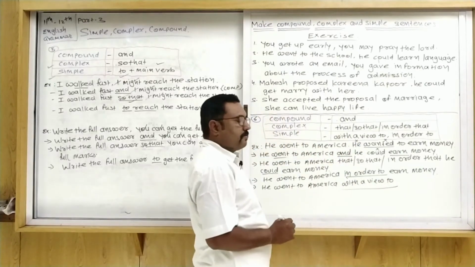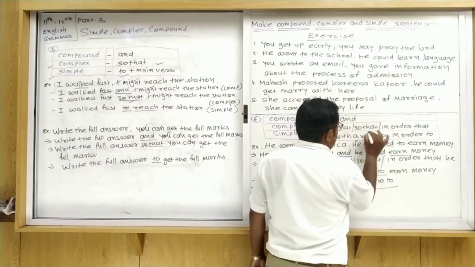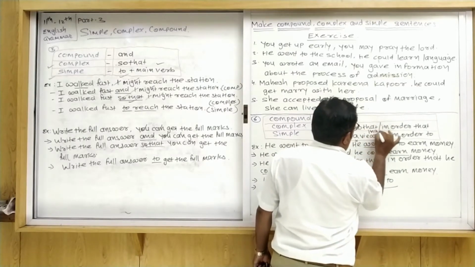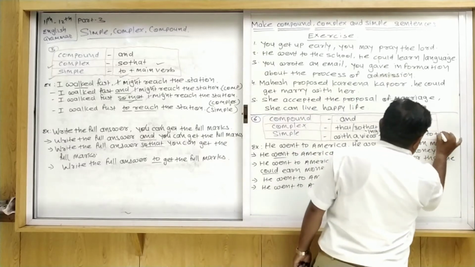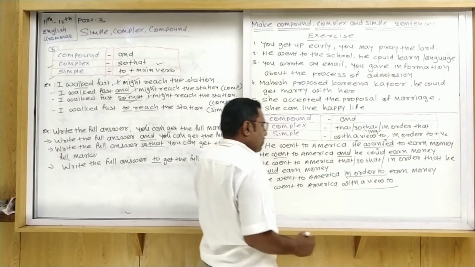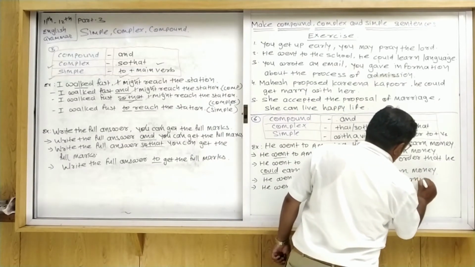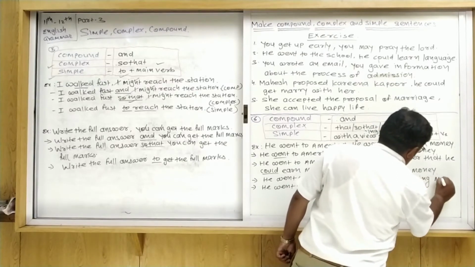When we use with a view to, at that time we can use the ing form, and in order to plus V1. So he went to America with a view to earning money.